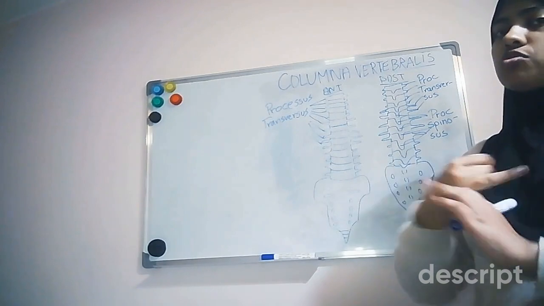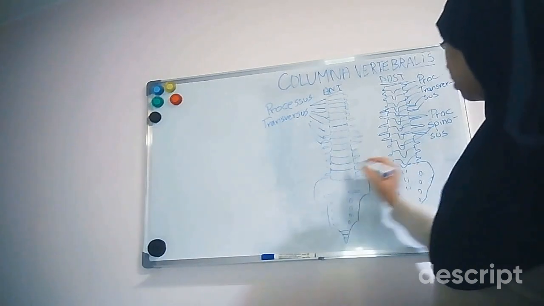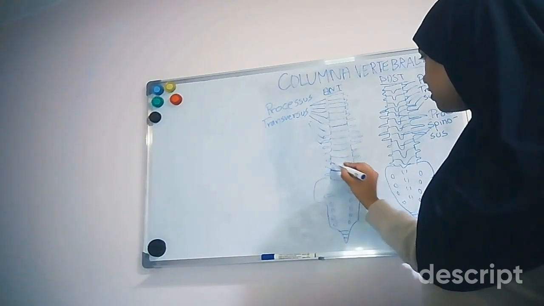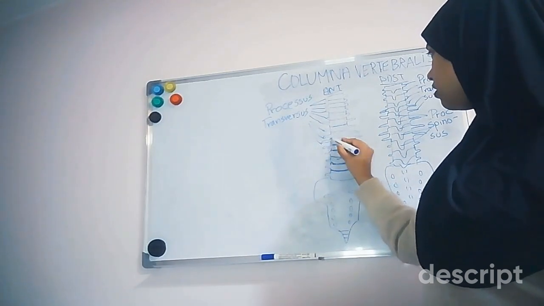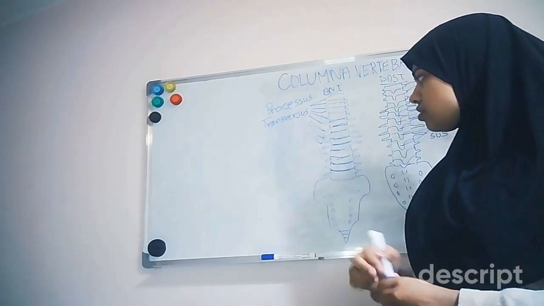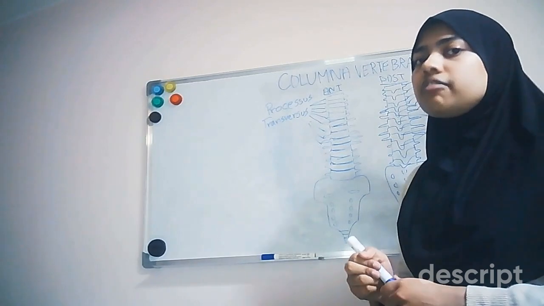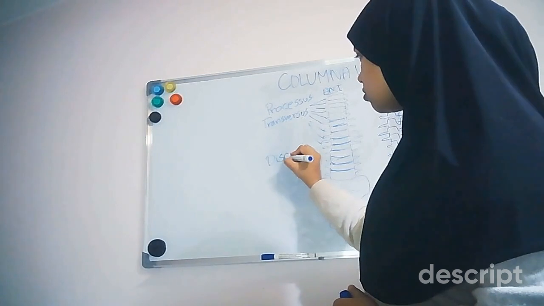So we have our processus transversus and our processus spinosus, and then we have this. You see these lines that are dividing our vertebrae? They are called discus, and they're called discus intervertebralis. So I'll just write the name for you here.